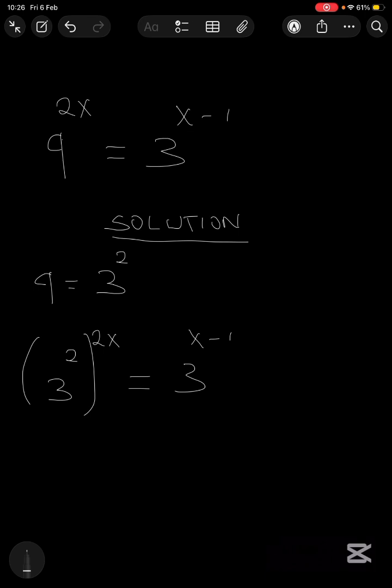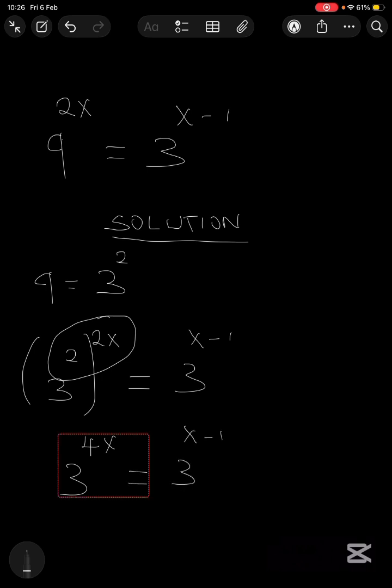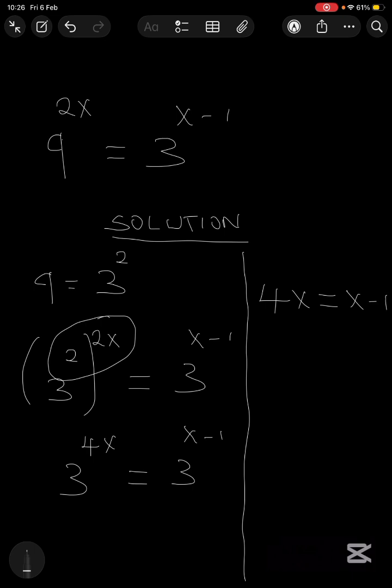Using law of indices, this one, it is power. When you have 2 powers, you multiply the 2 powers. So this one is equivalent to 3 power 4x is equals to 3 power x minus 1. As you can see, the base is the same. After that, we focus on the powers. So we have 4x is equals to x minus 1.